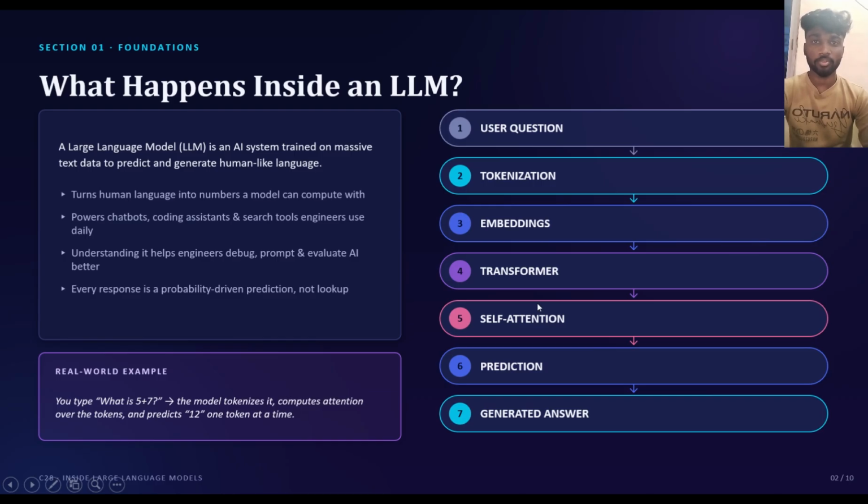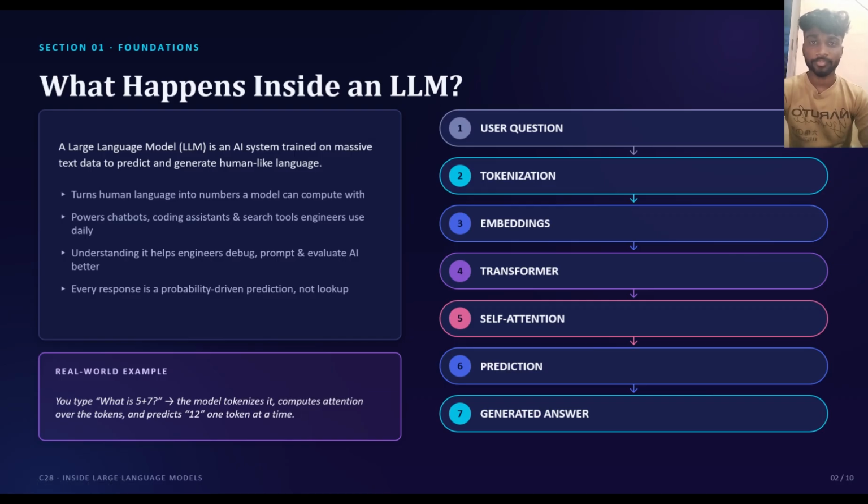An important point is that the model does not directly understand words like humans do. It converts input into numbers that the model can process. The basic process is: user question, tokenization, embeddings, transformer, self-attention, prediction, generated answer.